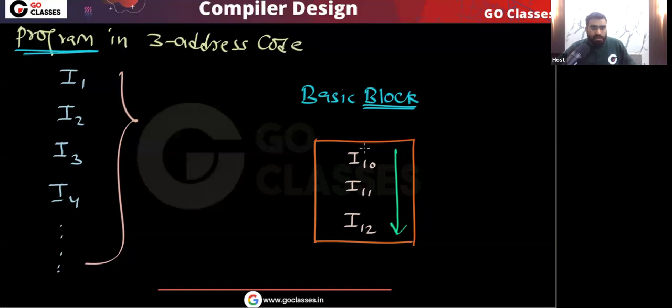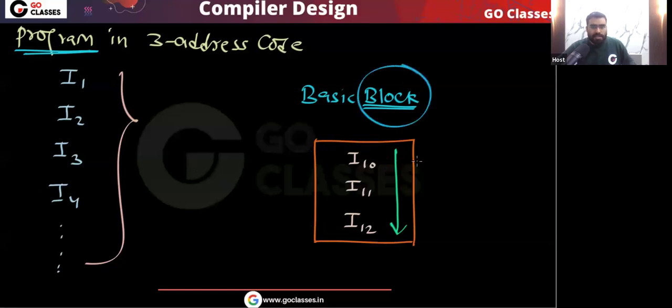Also, one more thing, they will always execute together. Means you cannot go to I11 without going to I10. Is this clear? Similarly, you cannot go to I12 without going to I10, I11. These are true friends. Okay, this is the basic block.